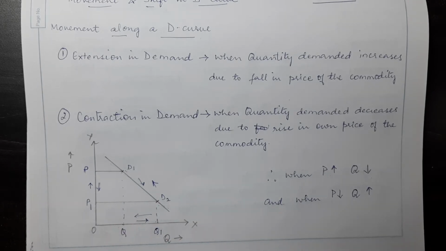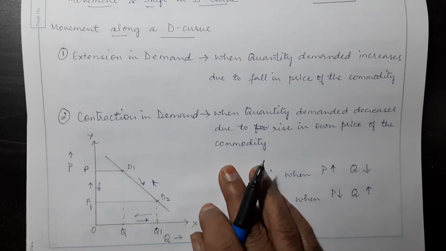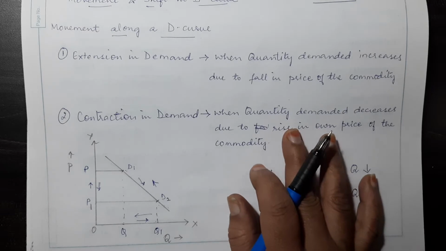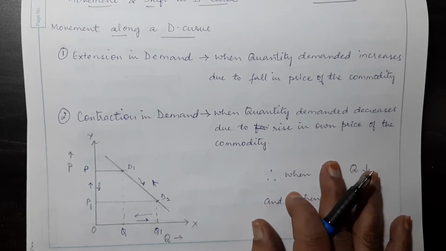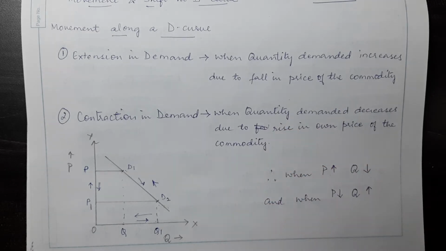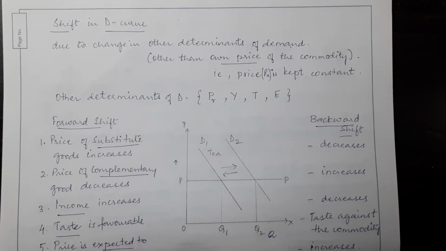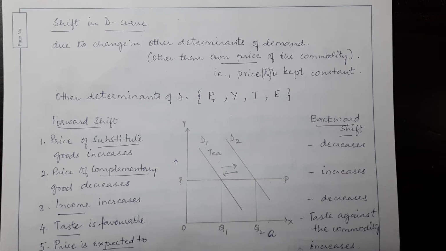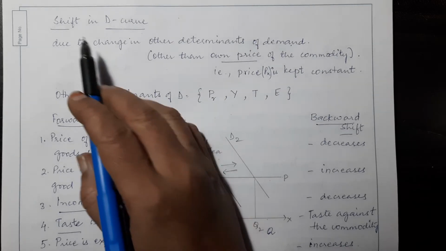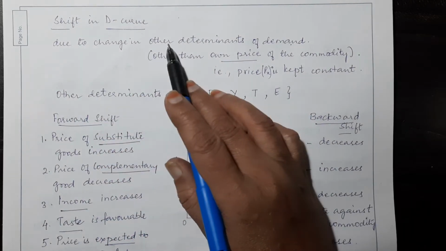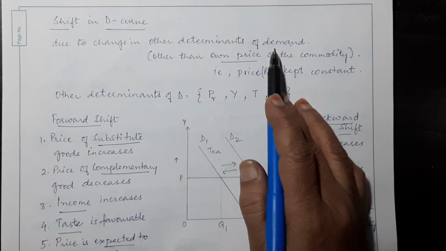This extension and contraction in demand is because of the change in the own price of the commodity, the rise or fall in the own price of the commodity. If change in own price of the commodity causes movement along the demand curve, we also have another situation called shift in demand curve, which is due to the change in other determinants of demand.